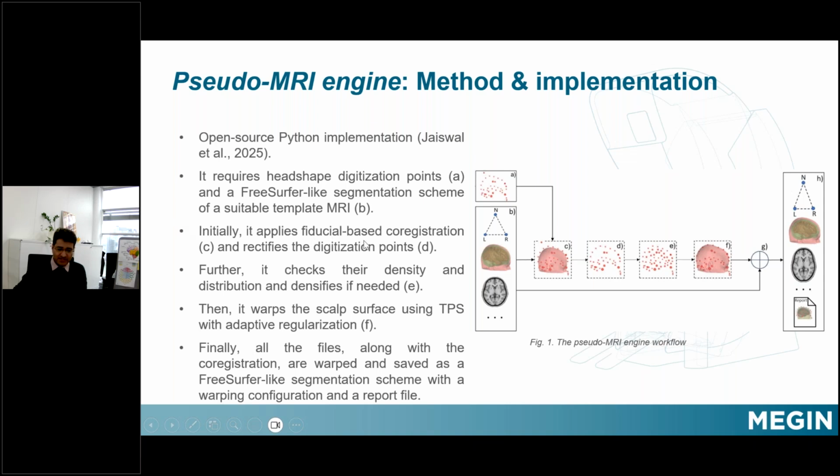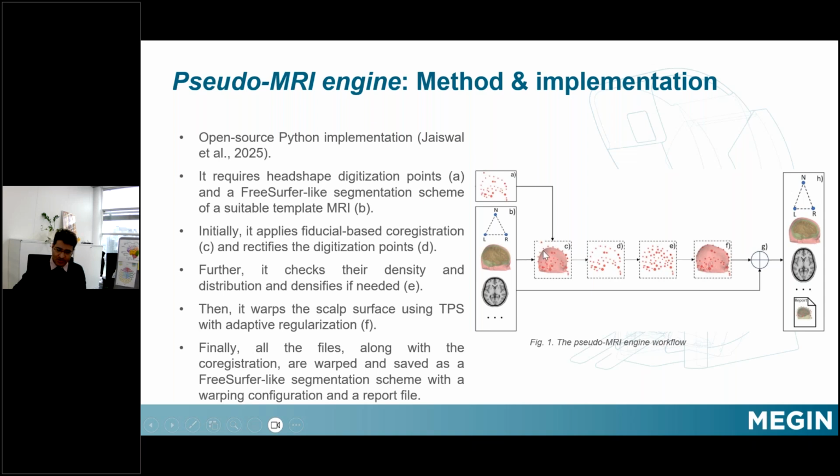Okay, so initially it takes the fiducial points. It first takes the fiducial points, co-registers the head shape data or the digitization data with the template scalp, and further it refines the rest of the digitization points. In the head shape there might be outliers. For example, you can see there is one outlier here.